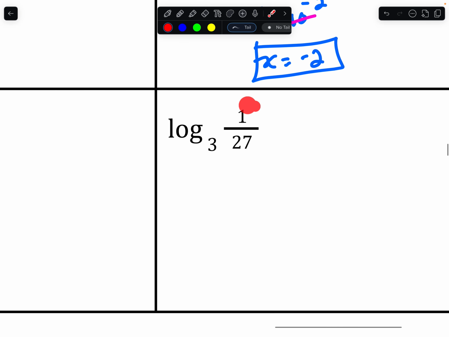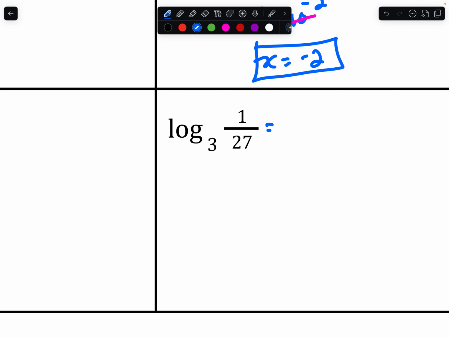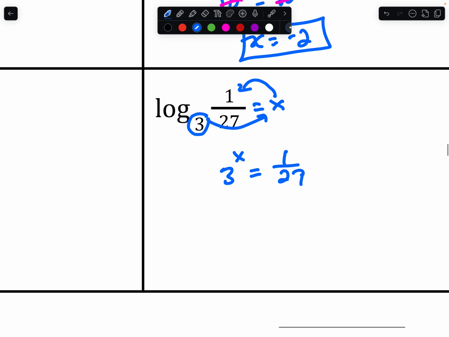And again, looking at this, we're thinking it's probably going to be a negative exponent, right? We should have that down by now. If we're not sure what it is, set it equal to x, and then let's just solve. So I've got 3 to the what power is 1 over 27? 3 to the what power is 3 to the negative third power.